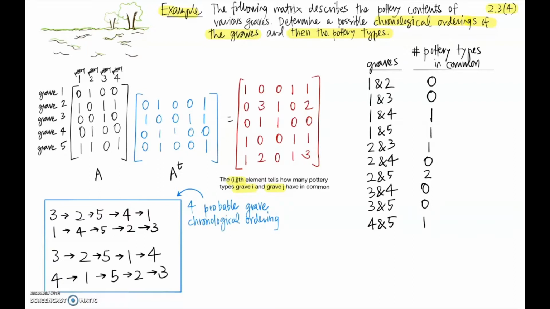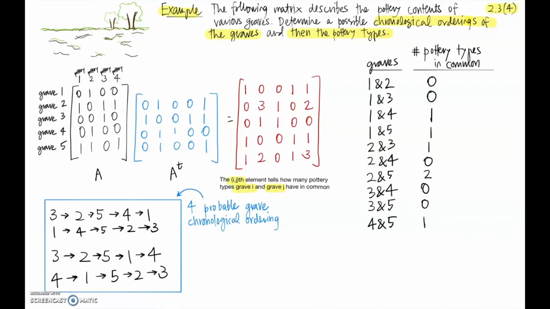Absolutely, because in reality, these 5 graves could have been ordered 120 different ways. If you look at all the possible ways to order these 5 graves, there's actually 120 possibilities. So to be able to narrow it down to 4 orderings is definitely helpful.